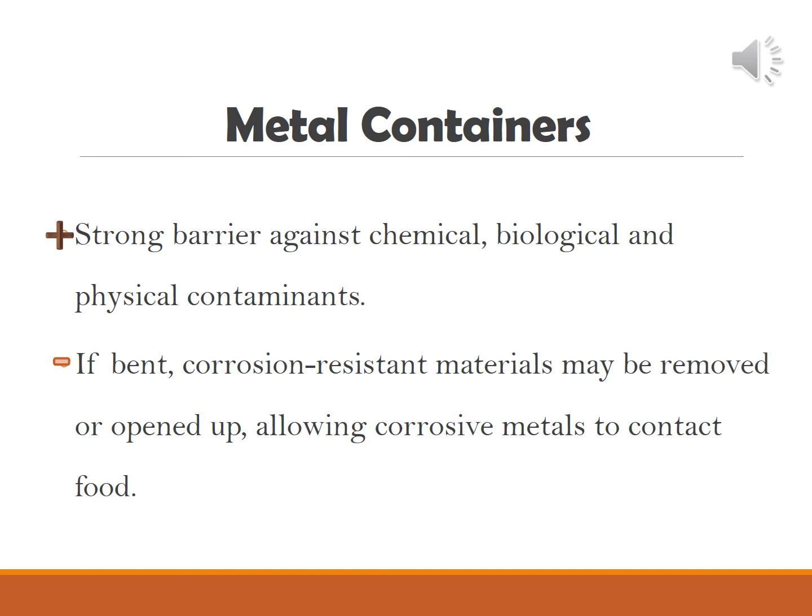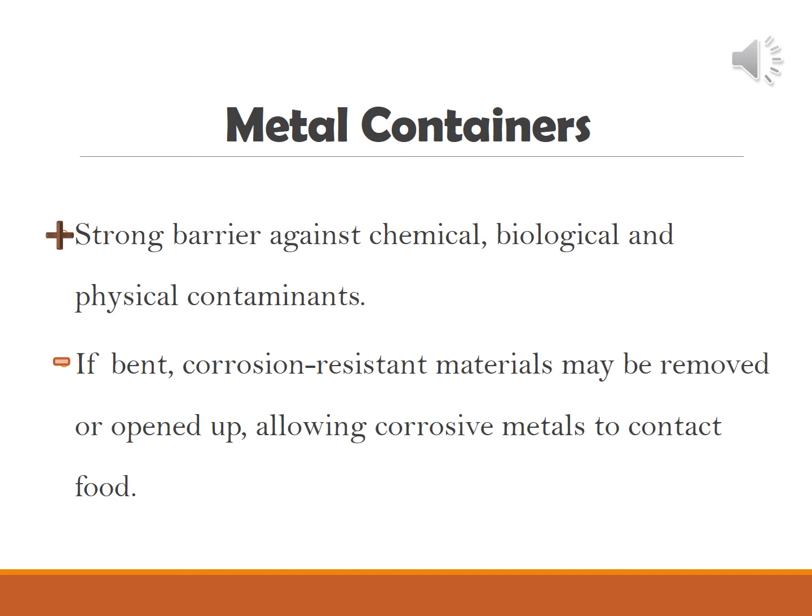So they are a strong barrier against chemical, biological, and physical contaminants. They keep foods in a very safe environment that's very difficult for outside factors to influence and for bacteria to grow and multiply to harmful levels.